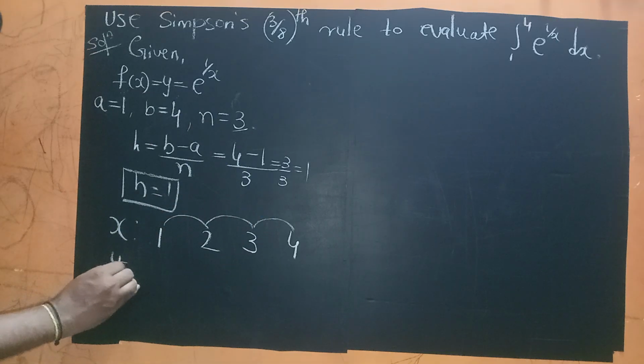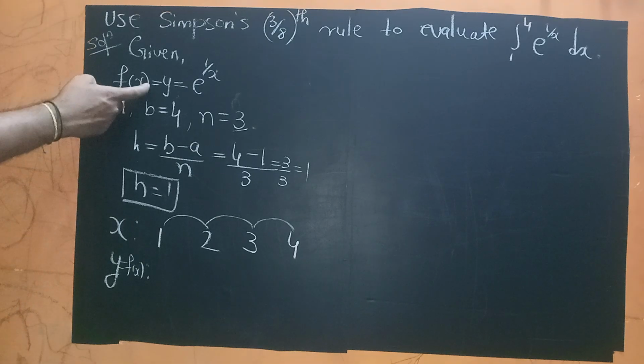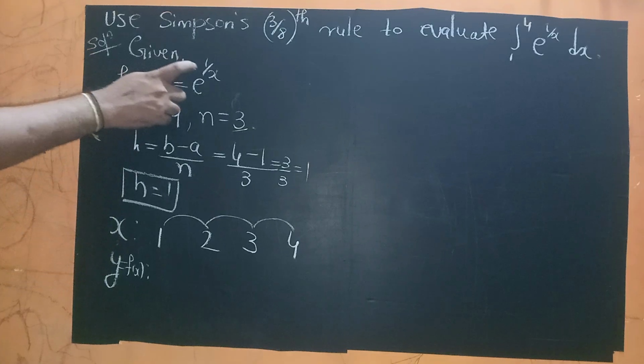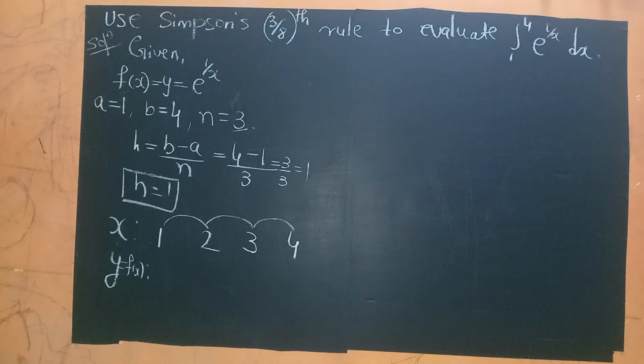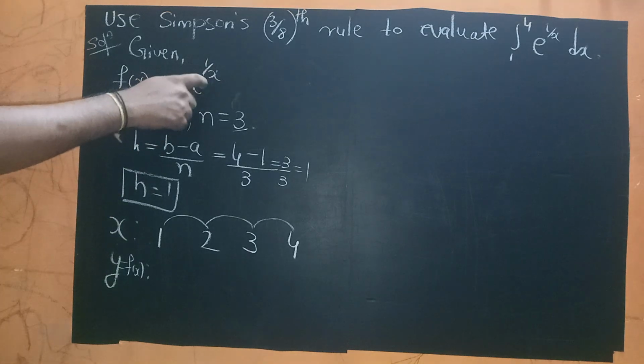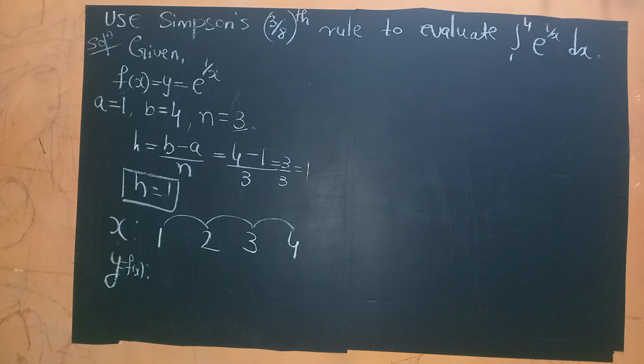Then we have to find the corresponding y value. We have f of x equal to e power 1 by x, and for every x we find the corresponding y value. Using a scientific calculator, if I replace x by 1, e power 1 is 2.7183.